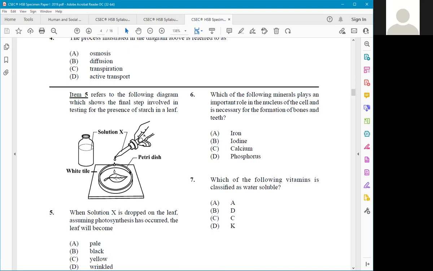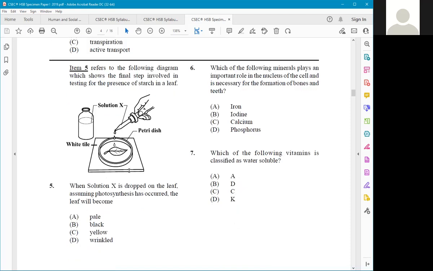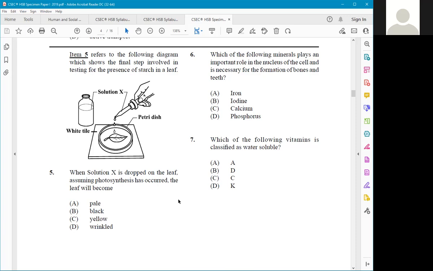When solution X is dropped on the leaf, assuming photosynthesis has occurred, the leaf will become either pale, black, yellow, or wrinkled. We're going to have to go with black because we know iodine changes to blue-black in the presence of starch. And if we are assuming that photosynthesis has occurred, then starch would be present in the leaf. Your correct answer would be B.